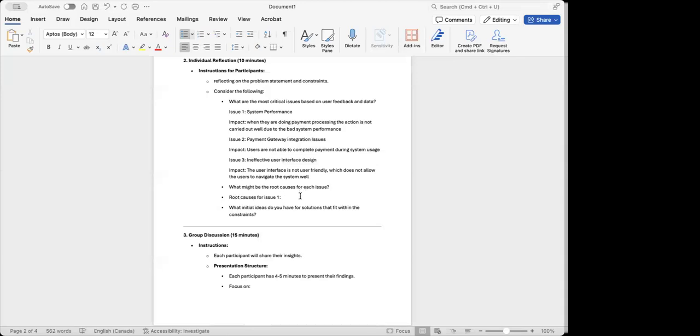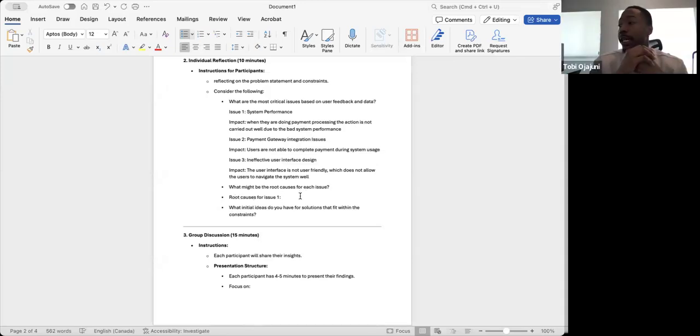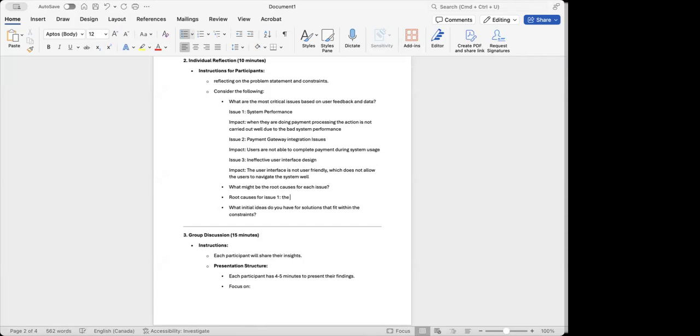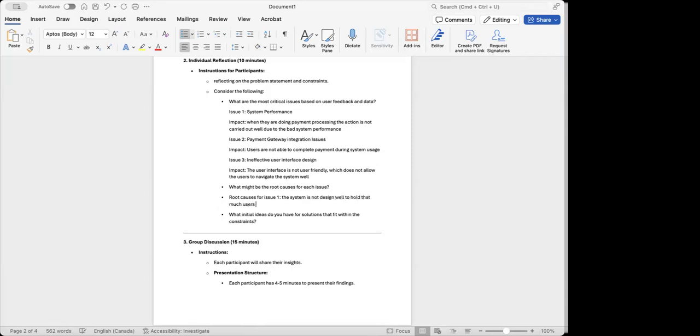It's not designed well to hold that many users. That's why it's causing trouble in registration as well as payment time, because the system can't afford to hold that many end users at a time.